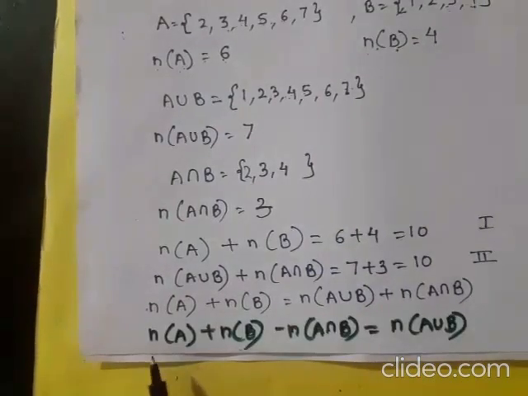So, the number of elements in set A plus the number of elements in set B minus the number of elements of set A intersection B is equal to the number of elements of set A union B. This equation is very useful to solve word problems, or we can say application based problems. We will use this equation to solve various problems.